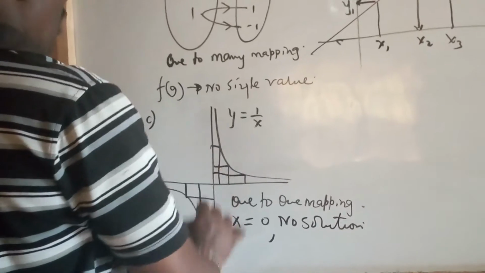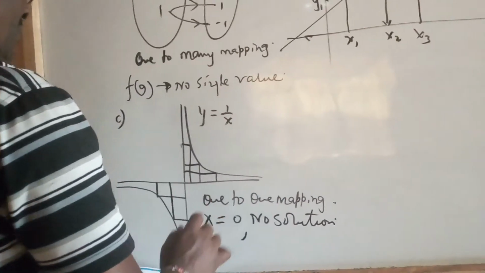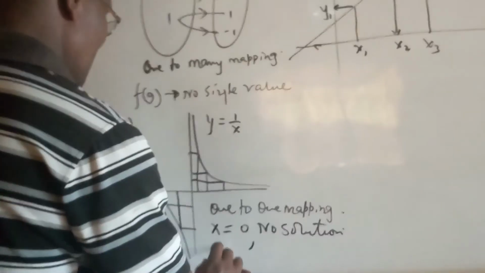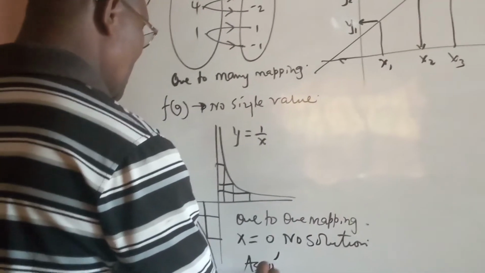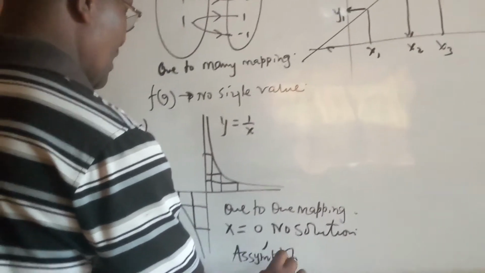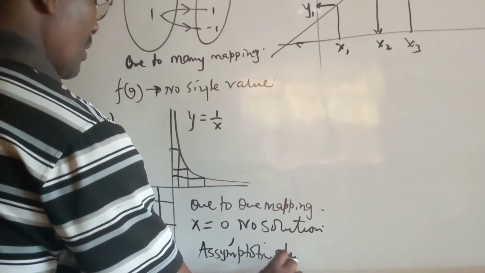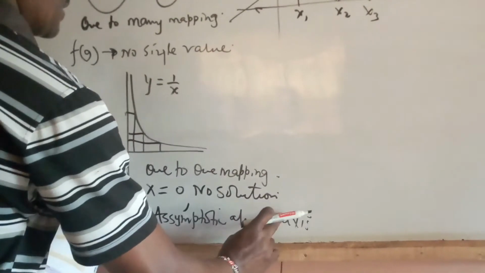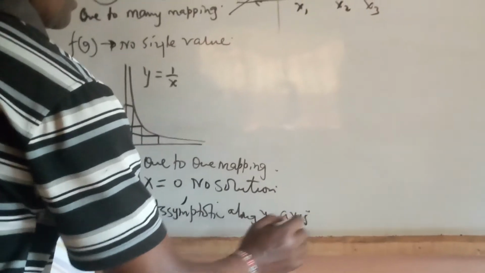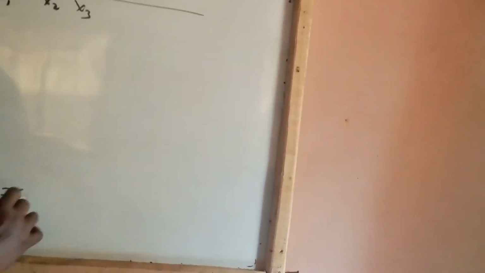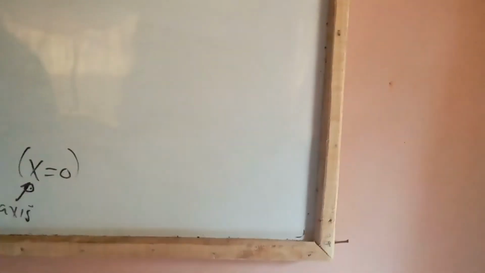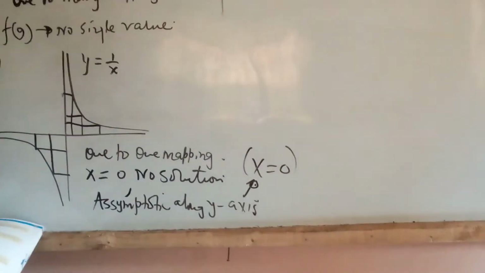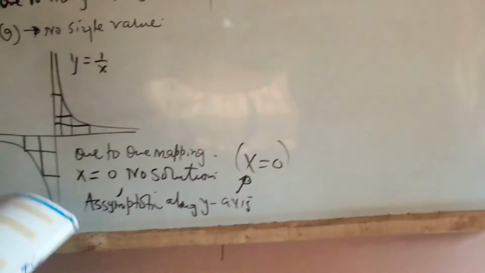This has to do with the y-axis, simply because the graph itself is asymptotic along the y-axis, and the mathematical name of the y-axis, of course, is x equals 0. So when x is equal to 0, there is no specific value of y.